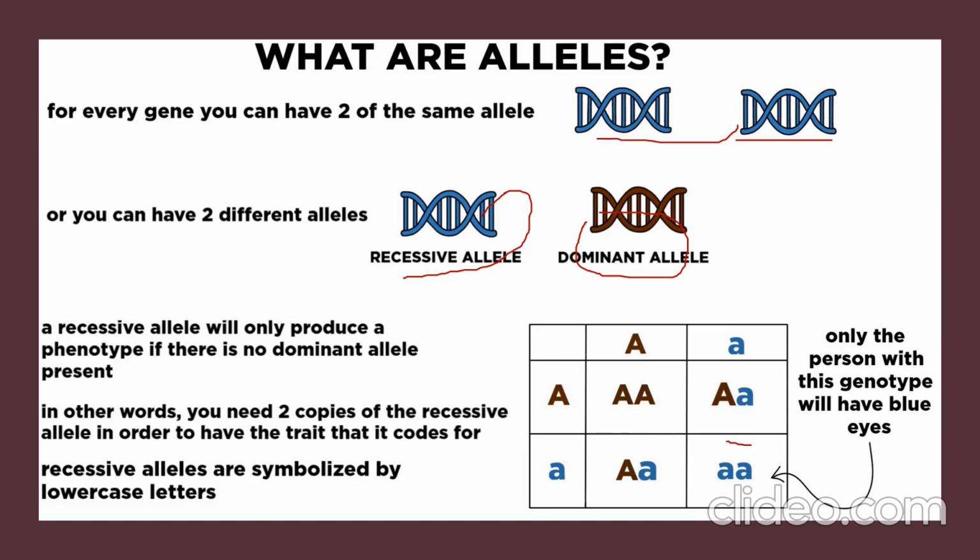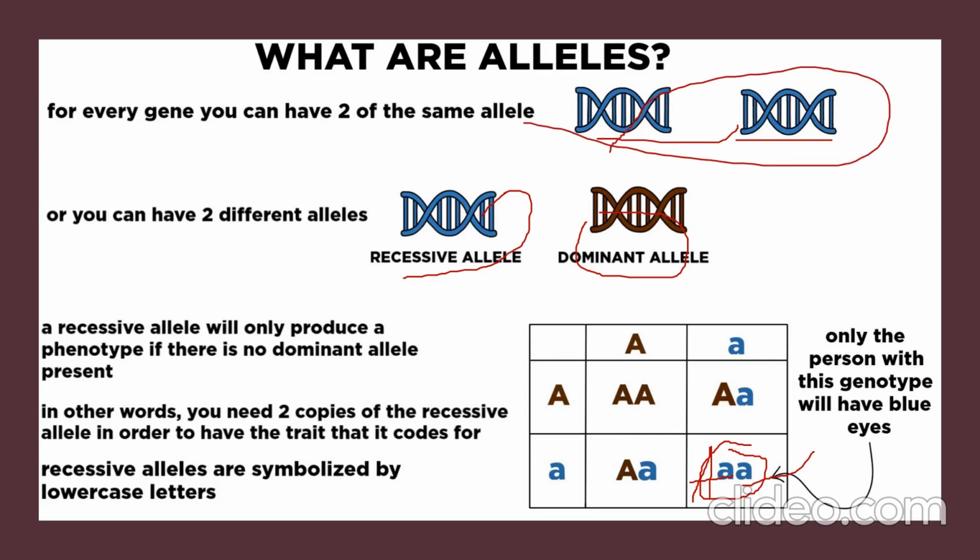So here, wala naman siyang dominant na allele, no? Yung capital A for brown. So kaya magkakaroon ng blue eyes, or recessive allele, kaya lang siya lalabas. So in other words, you need two copies of the recessive allele.